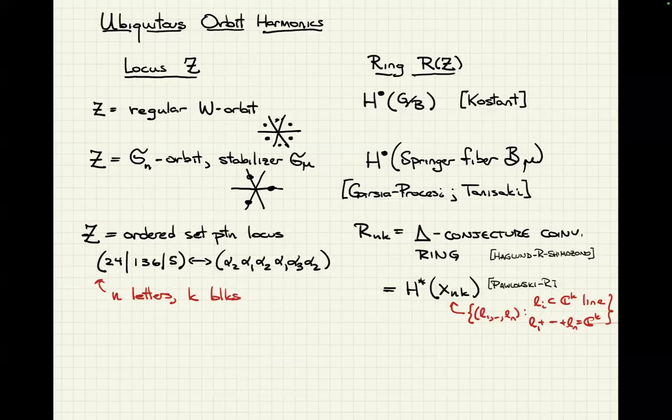So these were a couple of loci with, you might say, geometric or reflection group organization. You can also think about combinatorial organization. You can fix n and k with k at most n, and you can consider a locus corresponding to ordered set partitions of the numbers between 1 and n with k blocks.